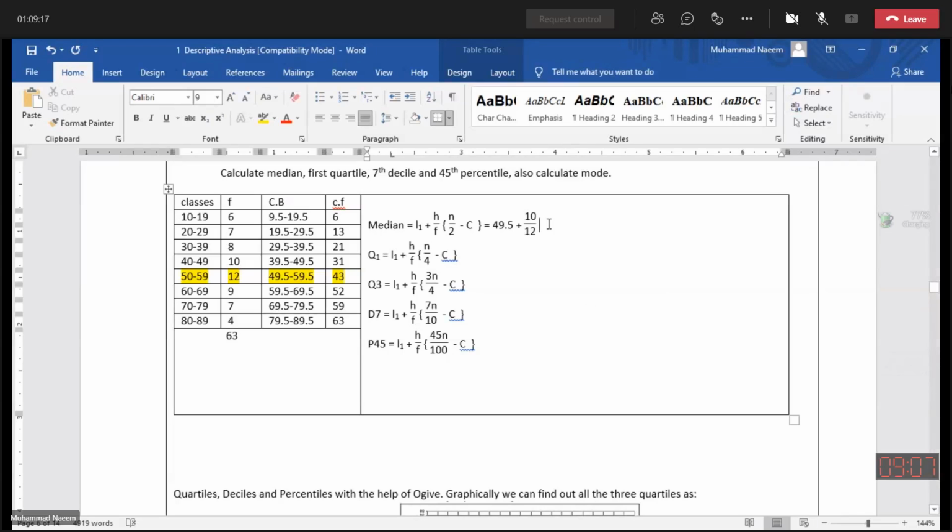And value of n by 2 is 31.5 minus C. Value of C is the value of cumulative frequency above this class.